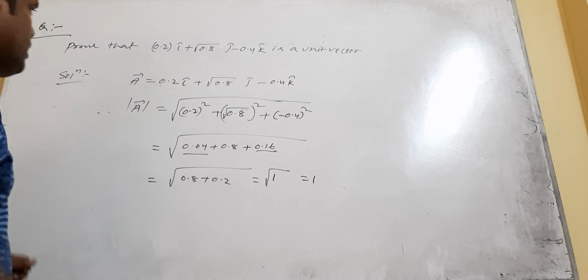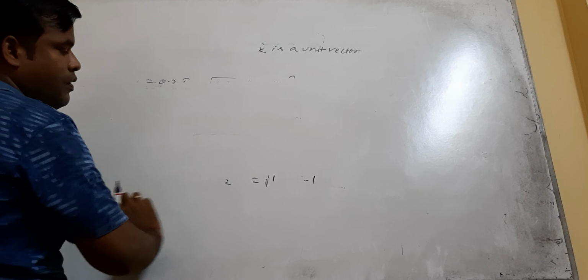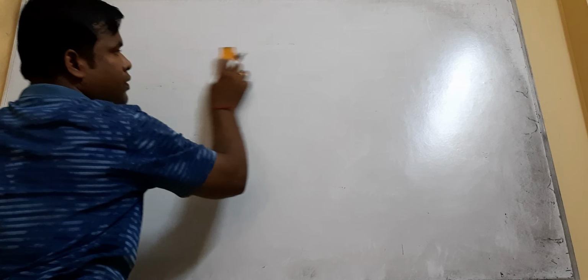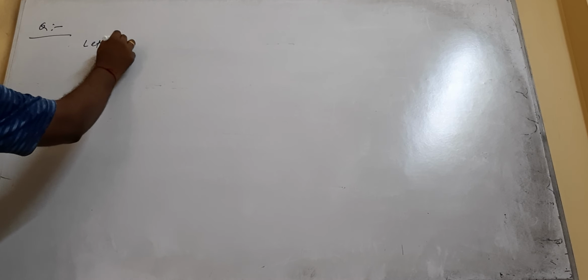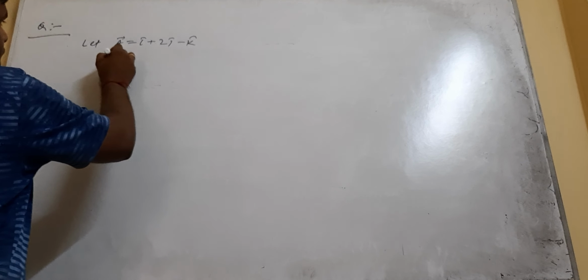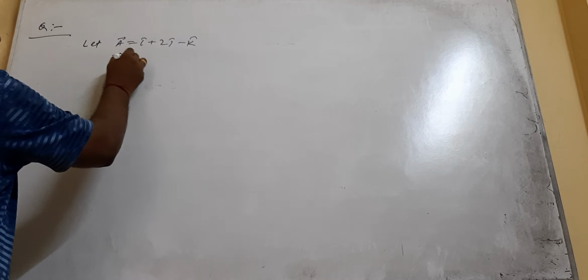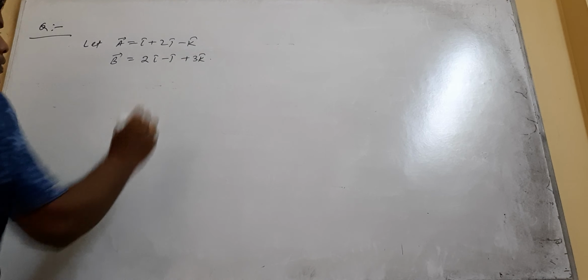So another question: let a vector be i cap plus 2 j cap minus k cap, and b vector be 2 i cap minus j cap plus 3 k cap.